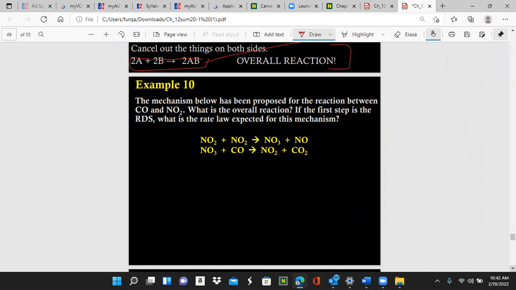So I'm going to write it down. If I write down the rate law for the first one, where we have nitrogen monoxide, nitrogen dioxide, it says here, rate determining step.